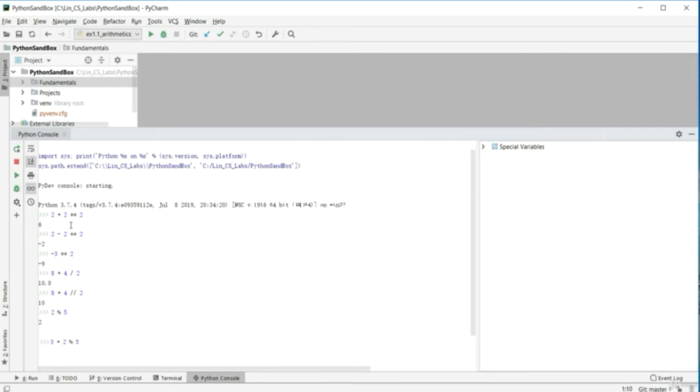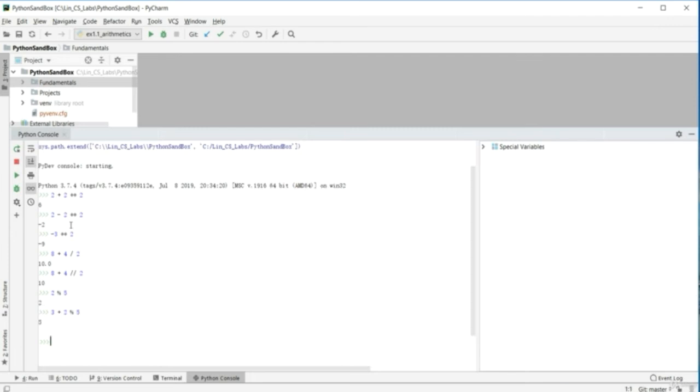Again, the modulo has the same priority as multiplication and division, and also has higher priority than addition. So it would do the modulo first and then do the addition. 2 modulo 5 is 2, plus 3, it shall be 5. Correct.